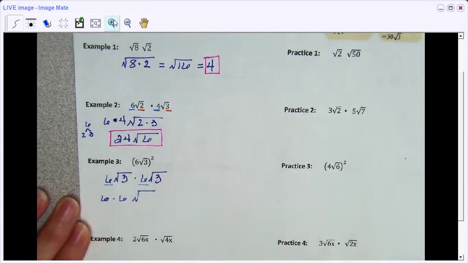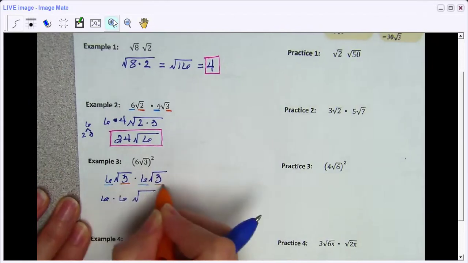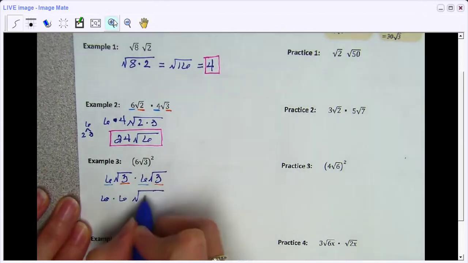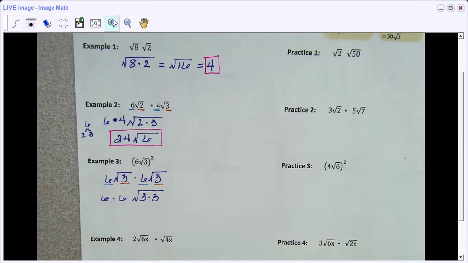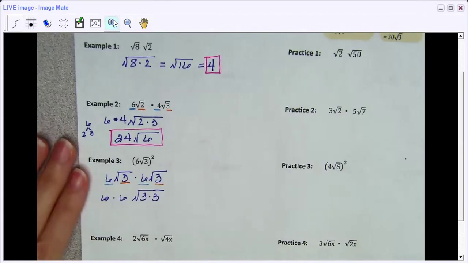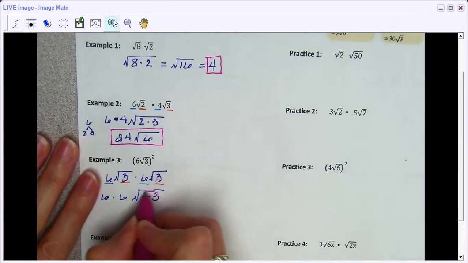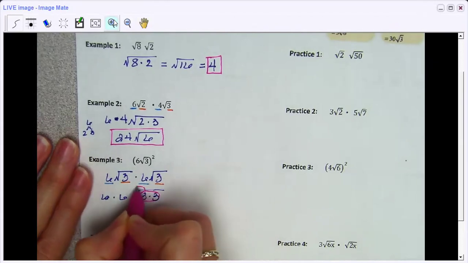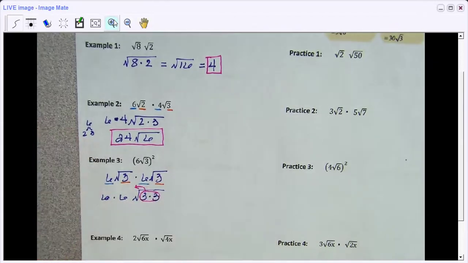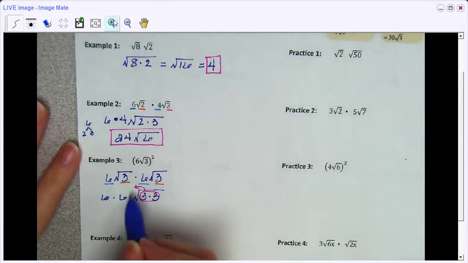Then you're going to take your two radicands and write them underneath the radical symbol. Now, I'm not going to multiply 3 times 3. I'm actually going to circle them and I can remove them out, because they can be grouped together.